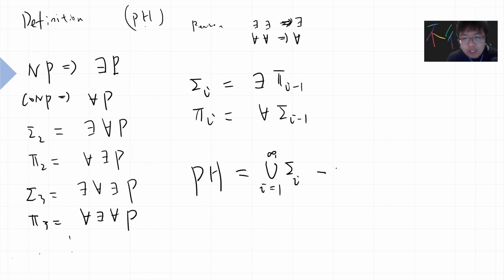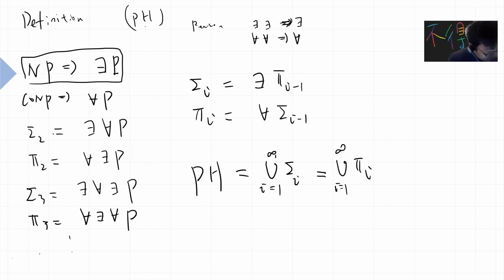And this is a fact that I will simply tell you why it's true. It's actually the same as the union of all the pi. The reason is the following. Obviously, this NP is in both. Let me say this: obviously sigma i is a subset of pi i plus 1.